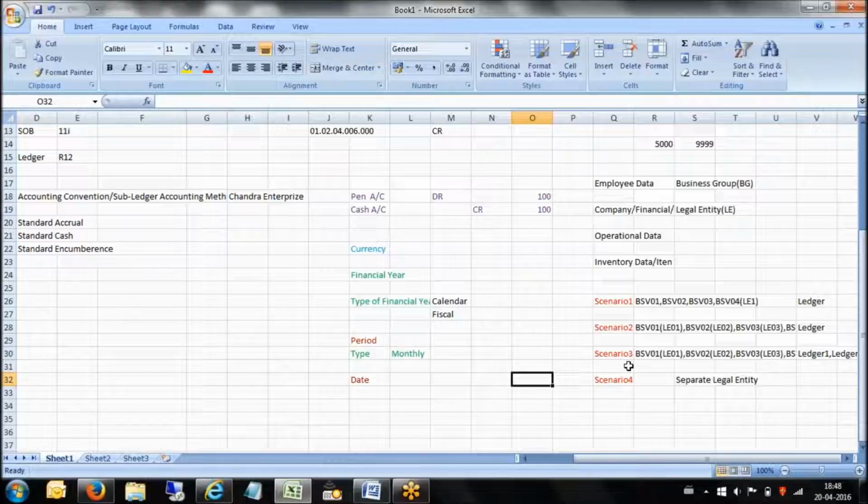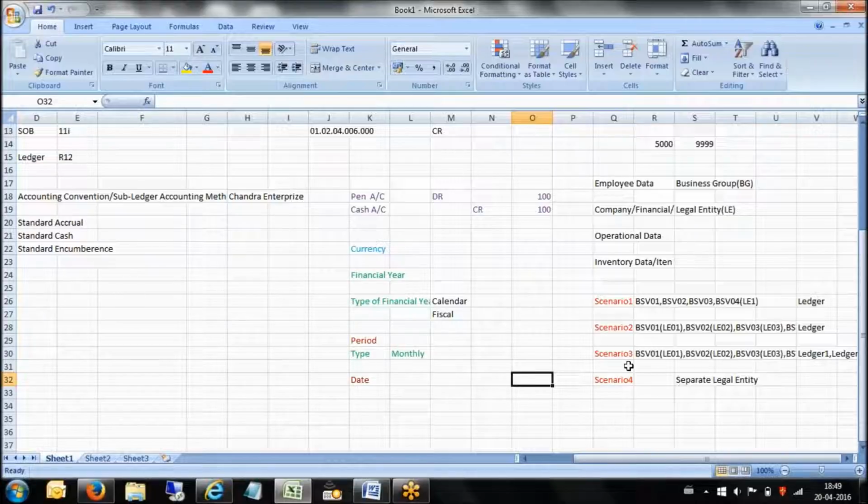So what's the advantage of having scenario 2 or 1? Why can't we do 1 in place of 2? What's the advantage of having 4 legal entities? It again depends.